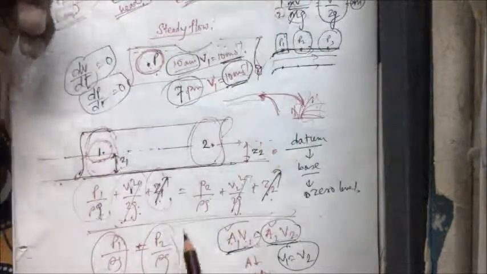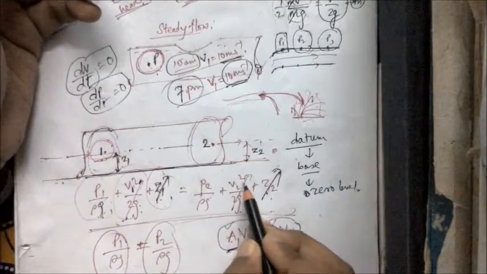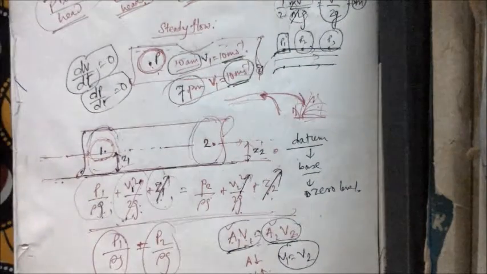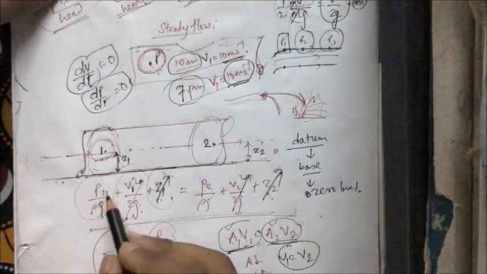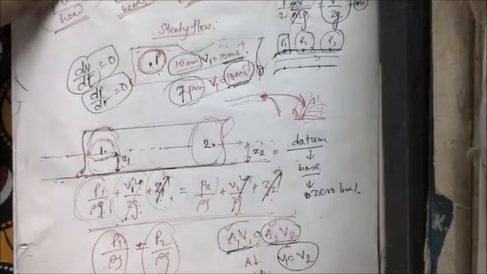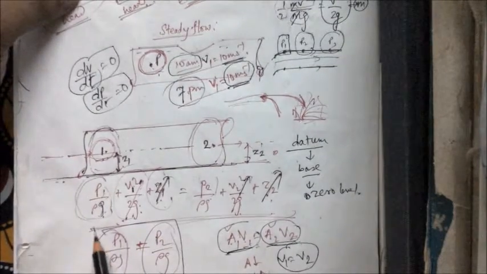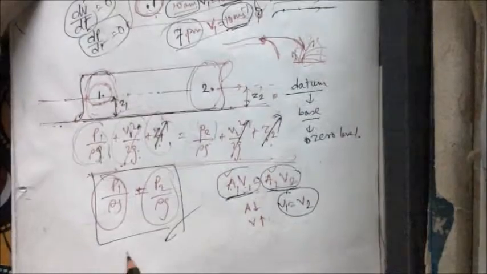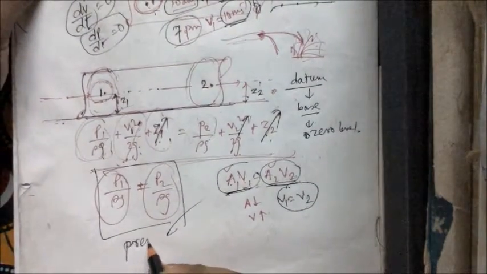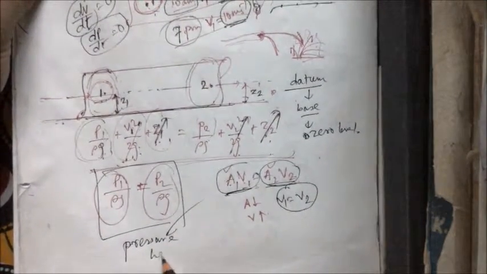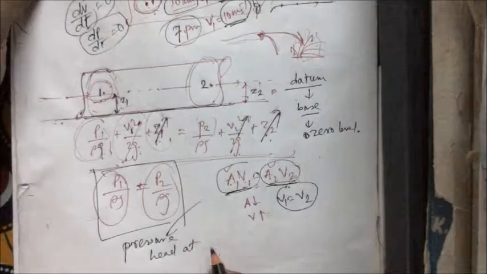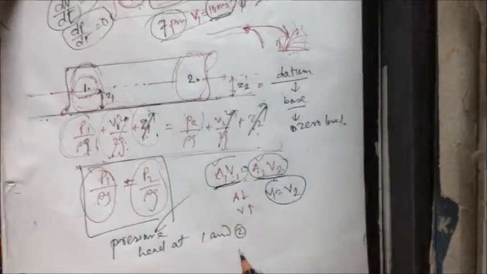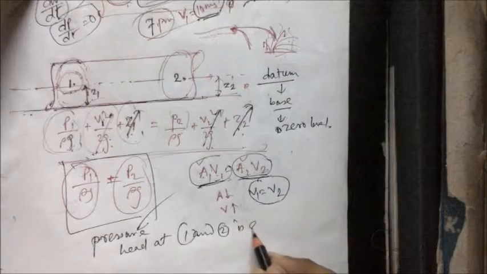Okay, so V1 square by 2g cancels off with V2 square by 2g. Now I'm left with what? P1 by rho g and P2 by rho g. So I get P1 by rho g equals P2 by rho g. So the pressure head at 1 and 2 is equal.